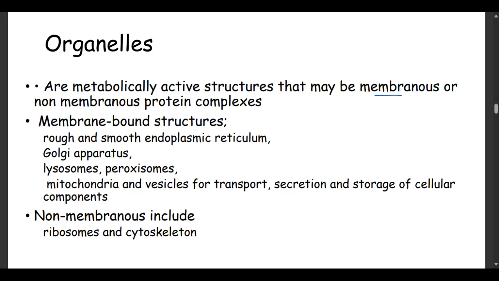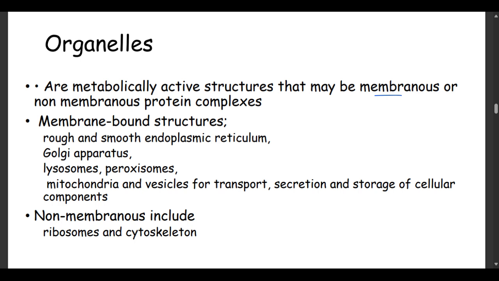So there are structures that also need a microenvironment around them that is supposed to be specific depending on the function of that particular organelle. For example, what is happening in the nucleus shouldn't happen elsewhere, so you're going to make it membrane bound. That's what we mean. Okay, but some of them are non-membranous, and we're going to see which ones are which.